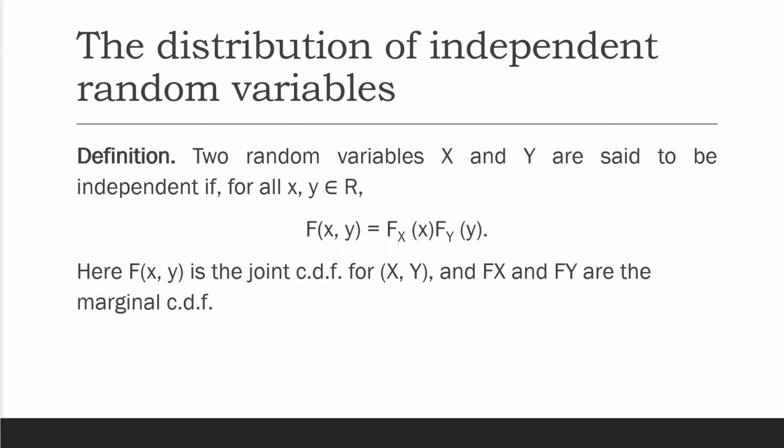The two random variables X and Y are said to be independent if for all x, y elements of R, we have F of x, y equal to F sub X of x times F sub Y of y. Here, F of x, y is the joint cumulative distribution function for X and Y, and F sub X and F sub Y, with X and Y as subscripts, are the marginal cumulative distribution functions.